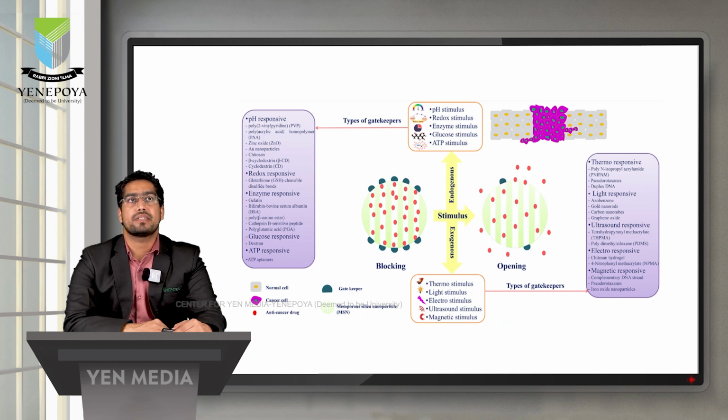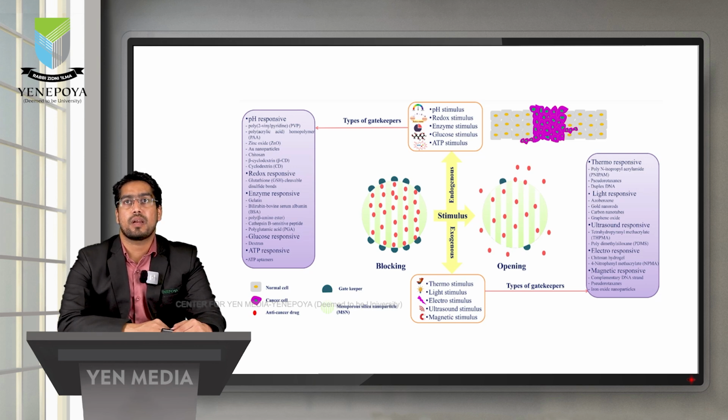So in pH responsive systems we will be using poly vinyl pyrrolidone, polyacrylic acid, zinc oxide nanoparticles, chitosan based nanoparticles, beta cyclodextrin based nanoparticles, and cyclodextrin. In redox responsive systems we will be using glutathione and disulfide bonds, and in enzyme responsive systems we will be using gelatin, bilirubin, poly beta amino ester, polyglutamic acid, and in ATP response we will be using ATP aptamers.